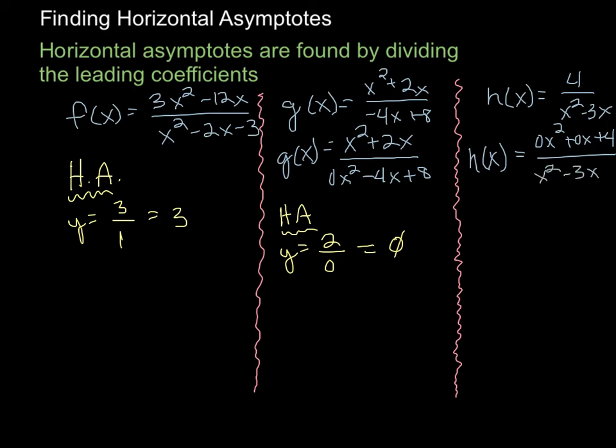Now our exponents match, and we can just divide the leading coefficients. So our horizontal asymptote is y = 0 over 1, which equals 0. So if the leading exponent at the top is smaller than the leading exponent at the bottom, your horizontal asymptote is right away going to be 0.